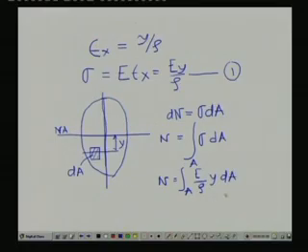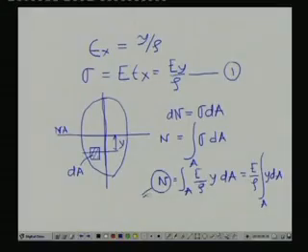Now, this expression can be simplified to the form E by rho, because this is constant and we can bring it out of the integral, times the integral of y dA. Now, can we understand what should be the value of the normal force acting onto the cross section?